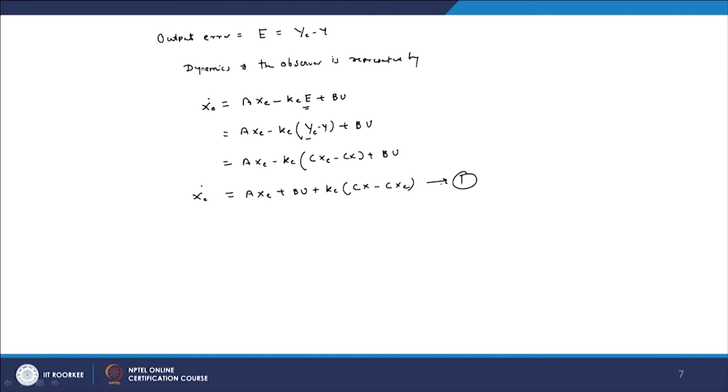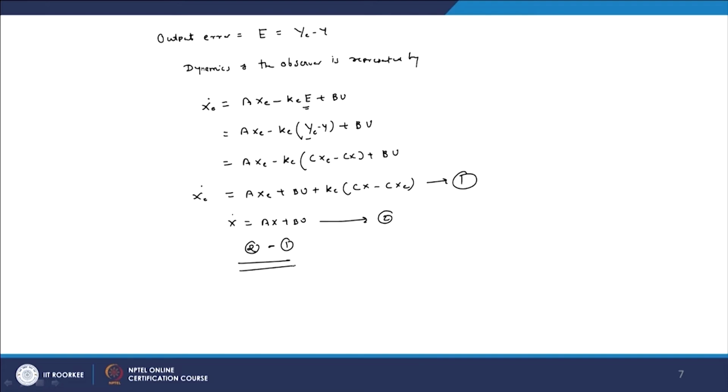So we have got xc dot. Now the original state space equation is x dot equal to ax plus bu. Let us say this is equation number 2. Now we subtract equation 1 from 2, that is, 2 minus 1.